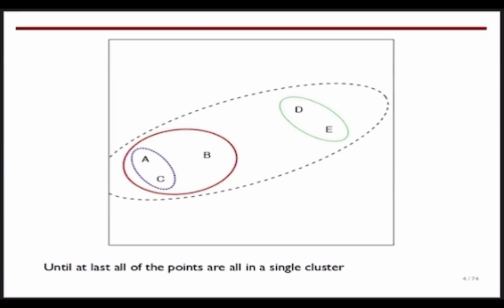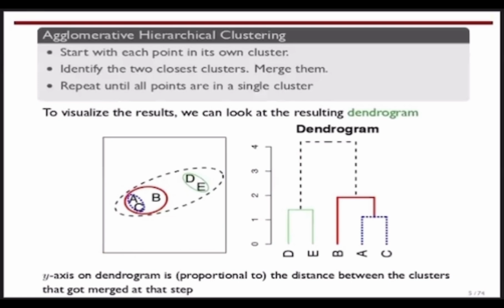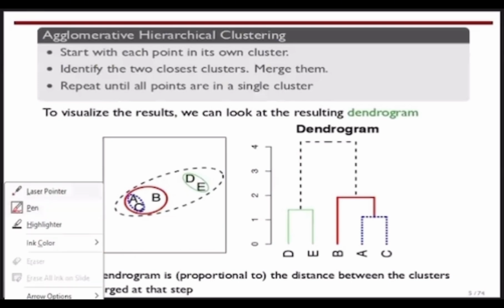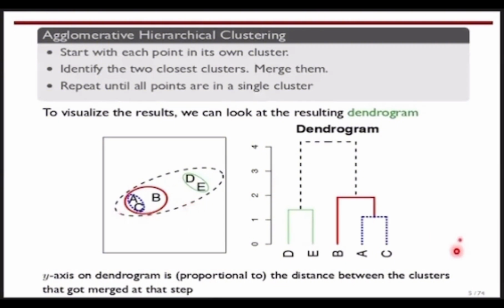We normally draw a visual plot that we call a dendrogram. We can draw that based on what we have. Take a look at that. Initially, don't forget, we started with AC as the closest, and because of that, we sketch this for AC. After AC, what is next is B. AC is nested in B. You can see that B is the bigger one, and AC is nested in that.